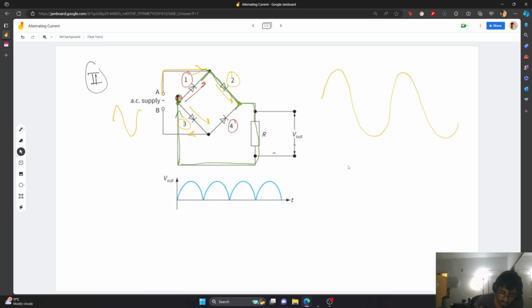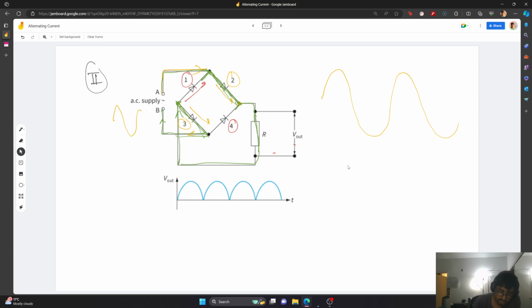Now it just goes towards 3 and then back out, right? So in this path, when it's trying to flow towards this, it flows through 2 and then 3 out. 2, resistor, 3 and then back home.